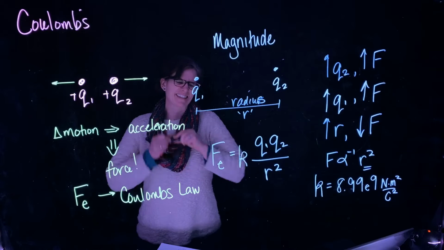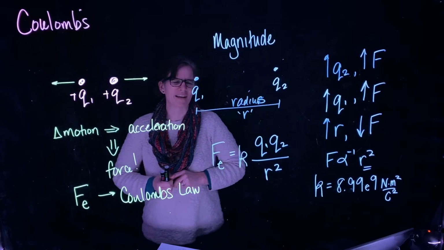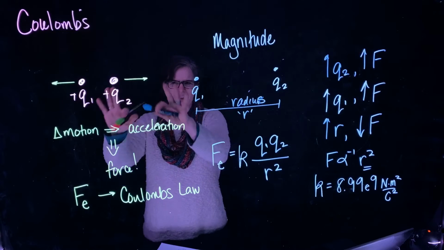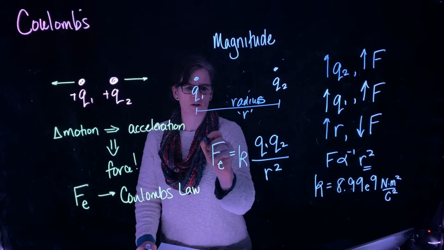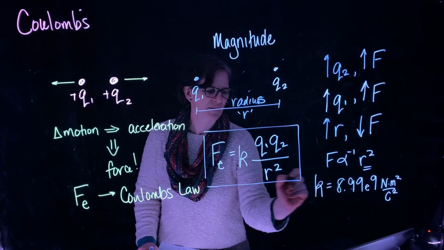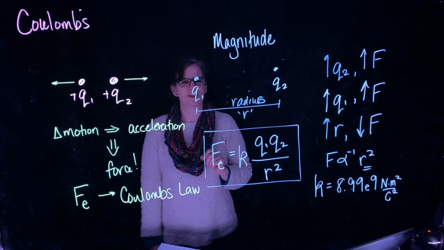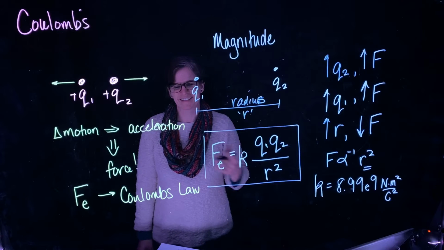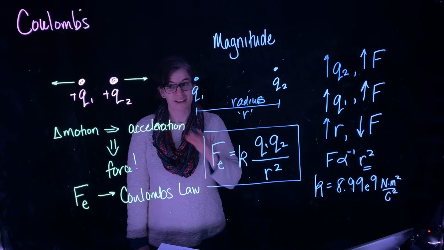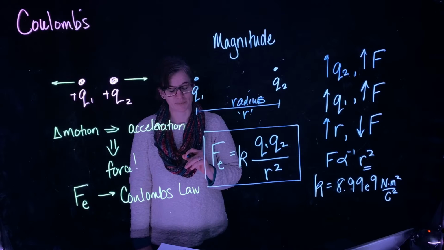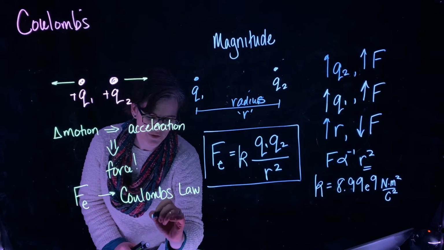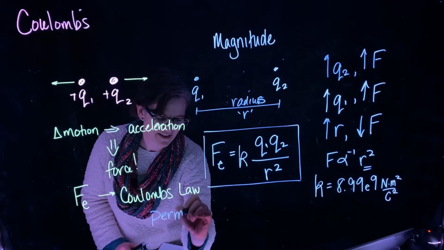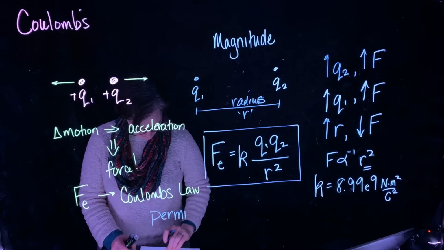Now, there's actually a second way to write Coulomb's law. When we're just dealing with static charges, using this equation works really well, but there's a second way that we're going to use as we do different types of calculations. That uses a constant I want to introduce to you called the permittivity constant.